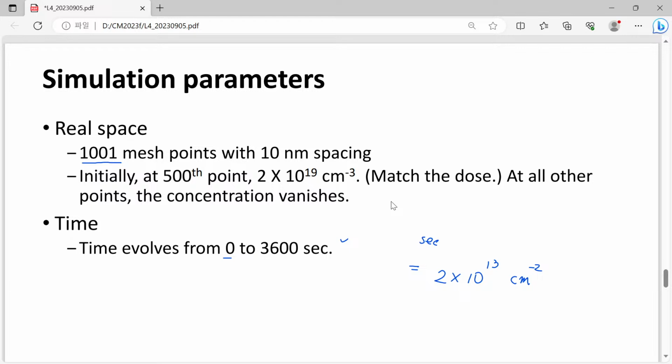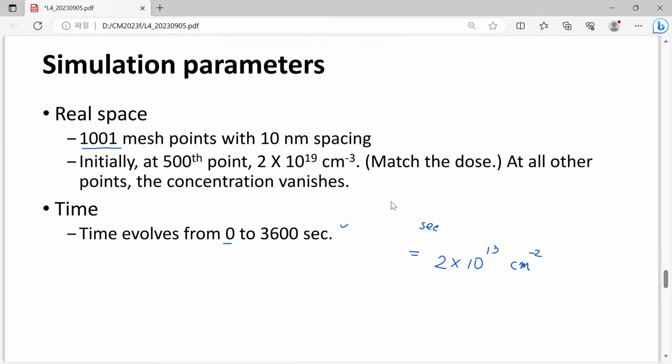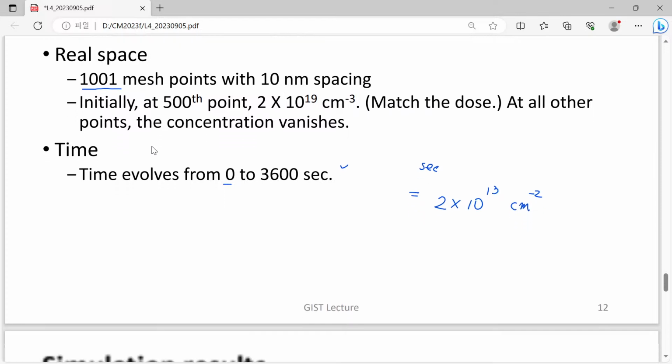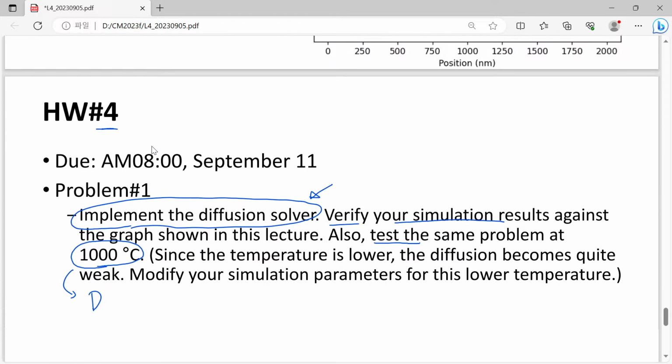because diffusion is quite much suppressed. So my suggestion is, please reduce the scale of your real space, because your dopant does not diffuse much.